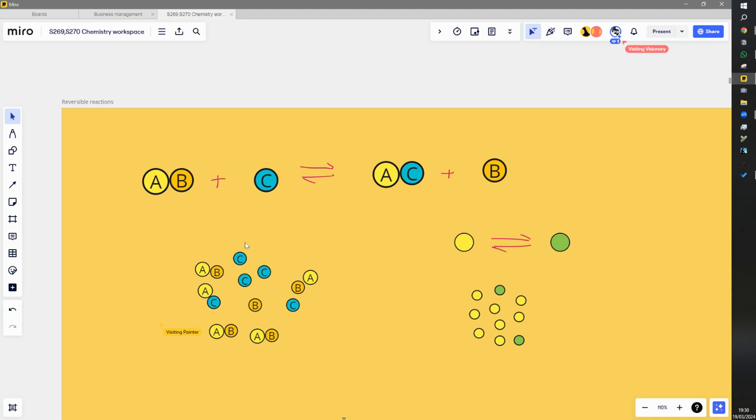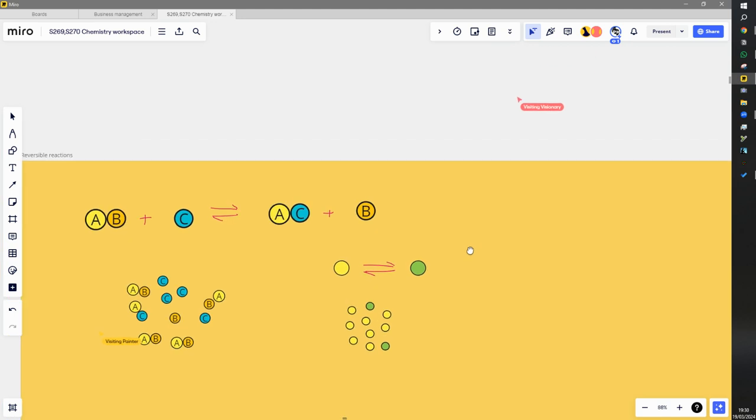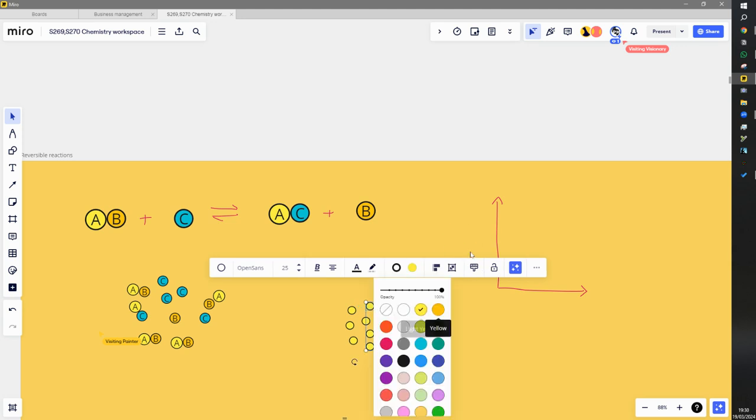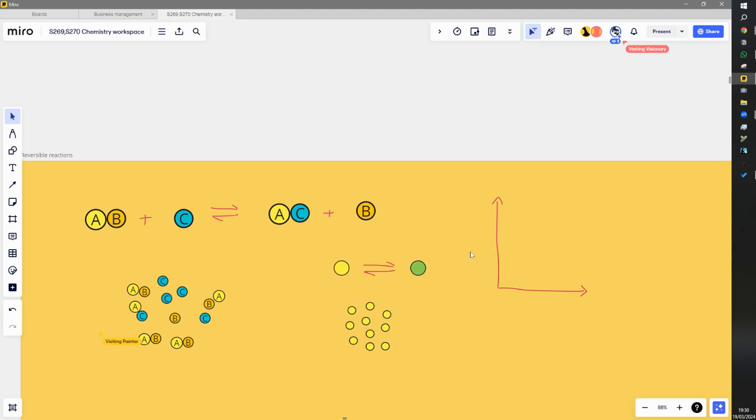Now, however, if we imagine how this would change, like imagine the concentration, how would the concentration change with time? So to start off with, in my example here, we had these ones here, which we can call the reactants.